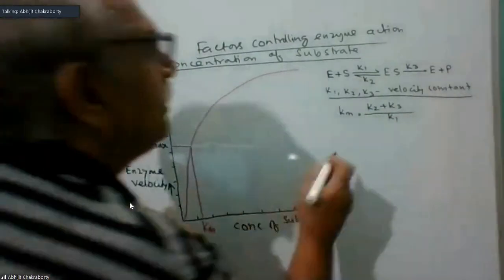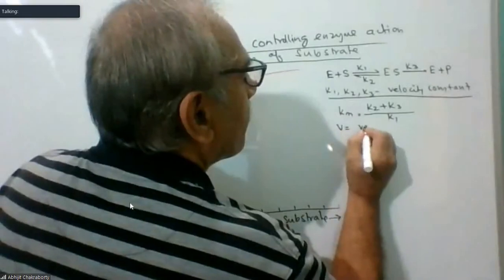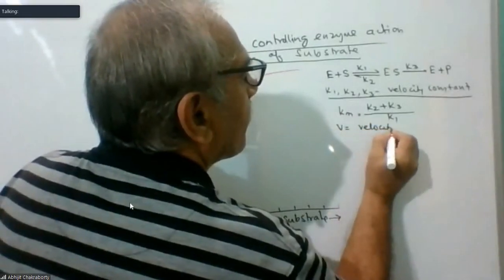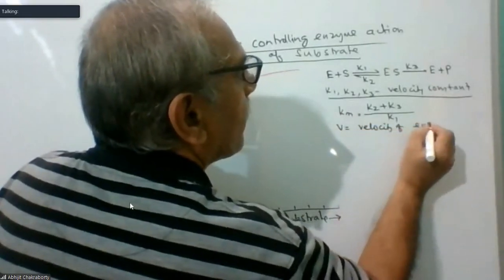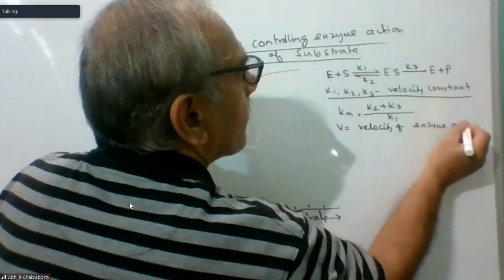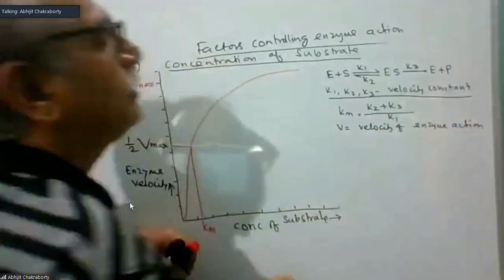From here, V means velocity of enzyme action.